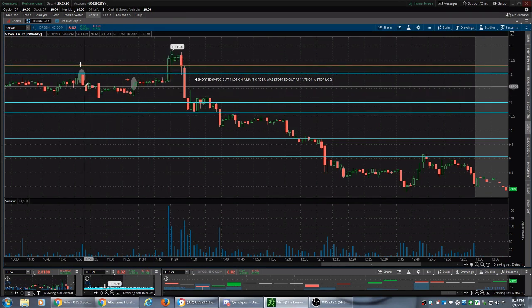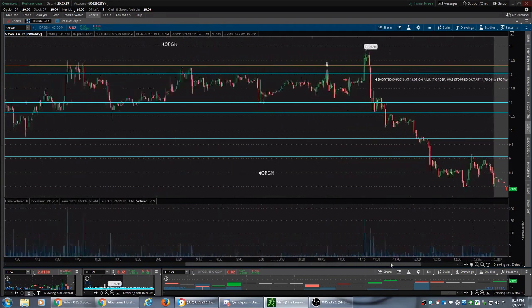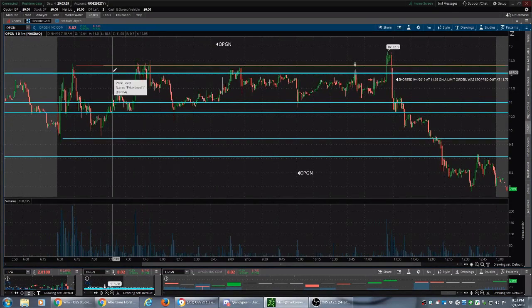But that was my logic behind my entry. My logic behind my entry was this line here was one of the resistance levels and near the peak. So I said, okay, I'm going to enter there, and you can see it touched it right here, passed it right here.